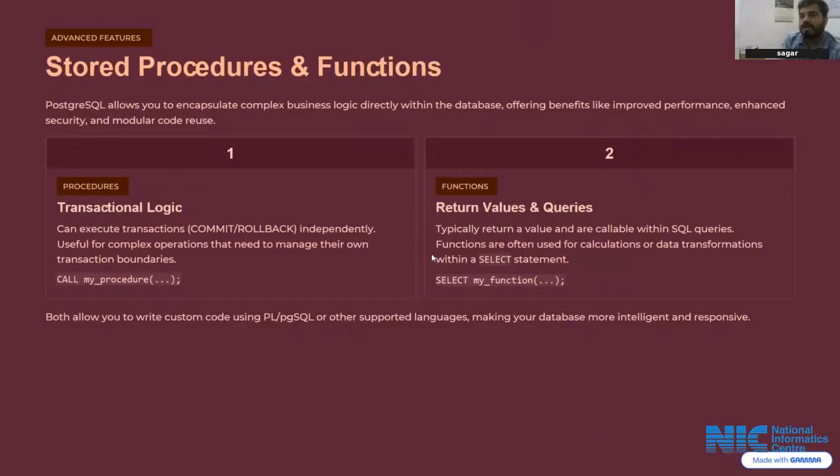Procedures are designed for performing actions and can manage transactions, meaning they can commit or roll back, ensuring atomicity. And functions, on the other hand, are primarily for returning values and can be seamlessly integrated into your SQL queries, making them great for calculations or data manipulation within a larger statement.